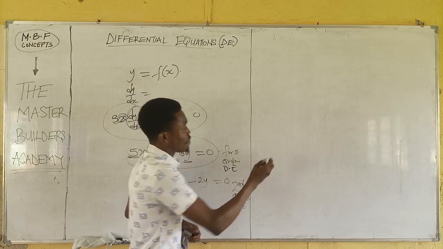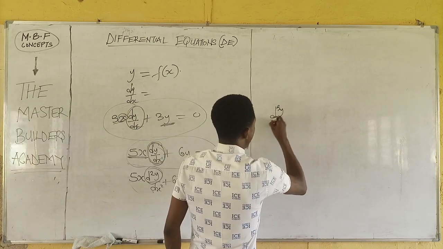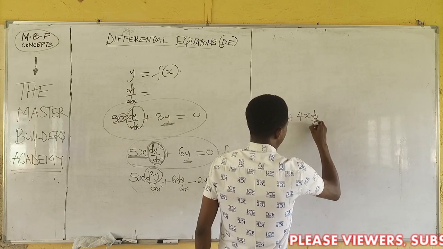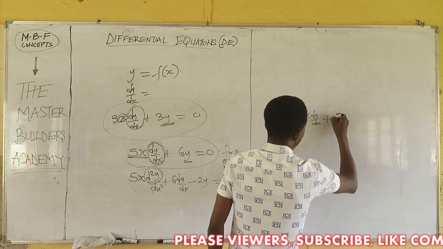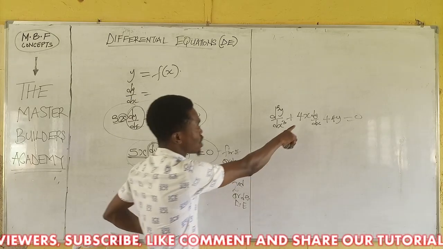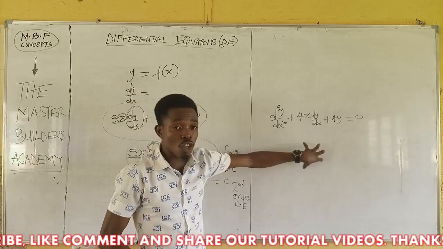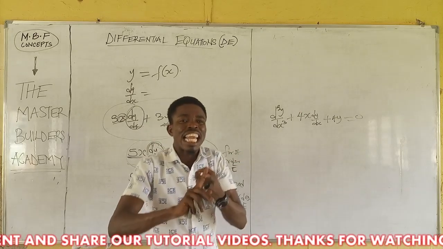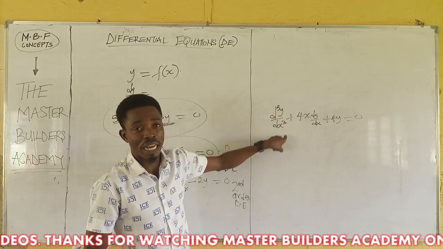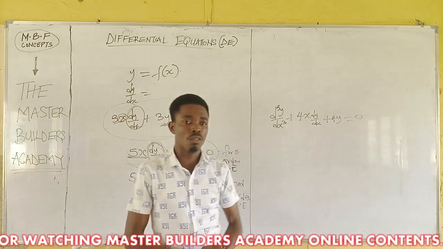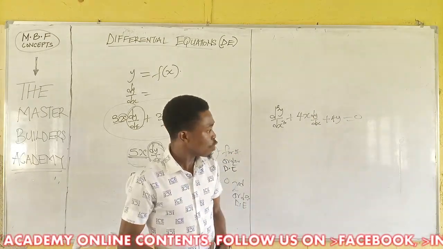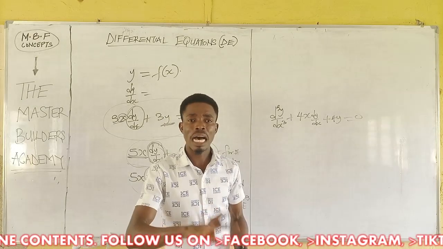Then we have third order differential equation: d cubed y over dx cubed plus 4x dy over dx plus 4y is equal to 0. Whether or not you have a second order term here, what controls this equation is the highest derivative. So the highest derivative here is d cubed y over dx cubed. Then this particular equation is called a third order differential equation, and so on and so forth.